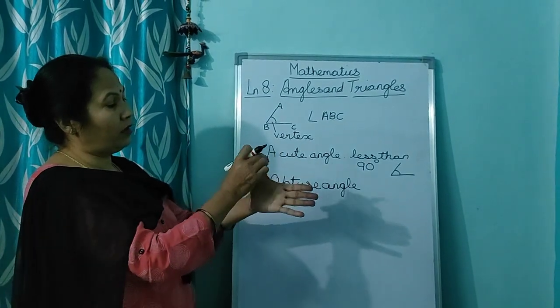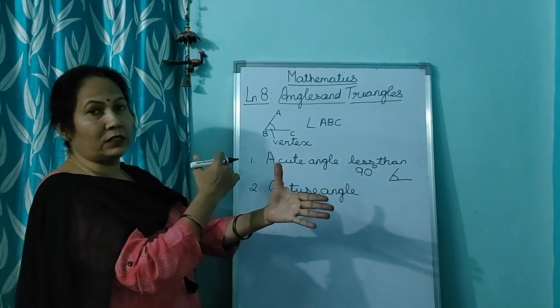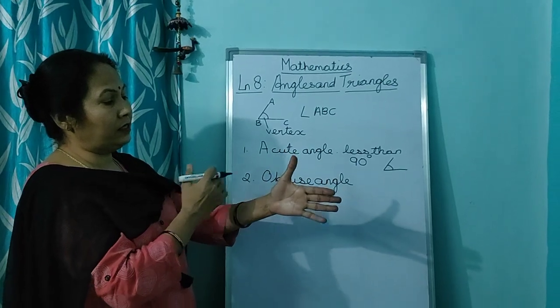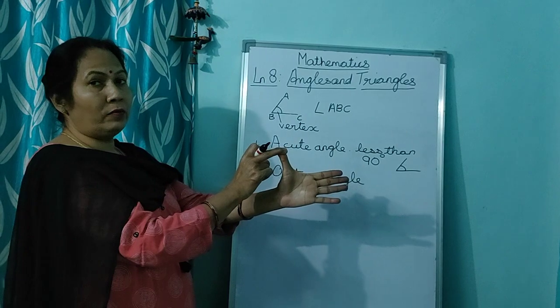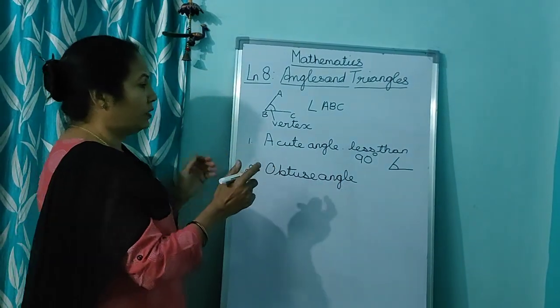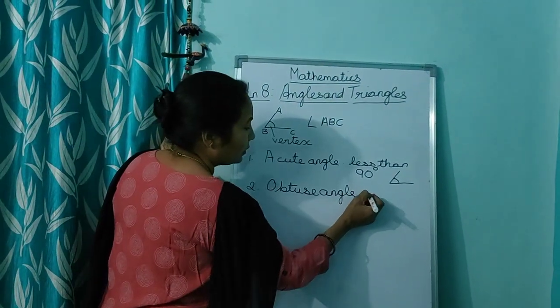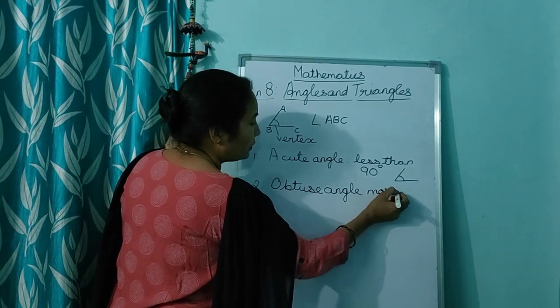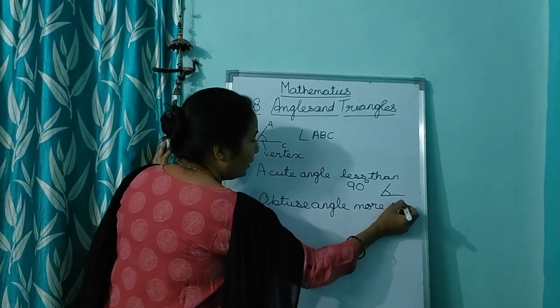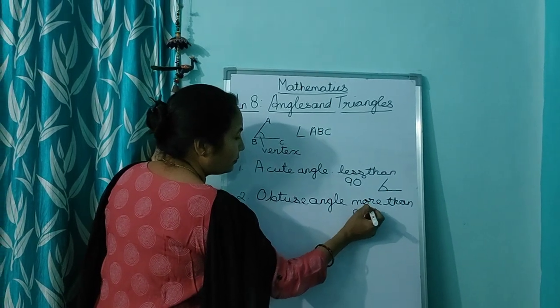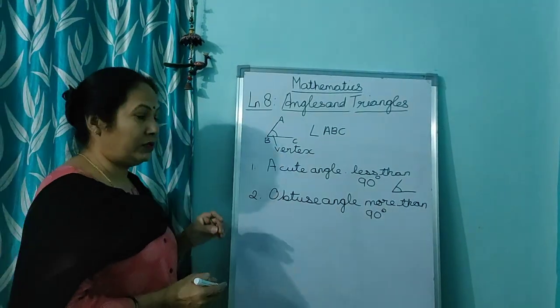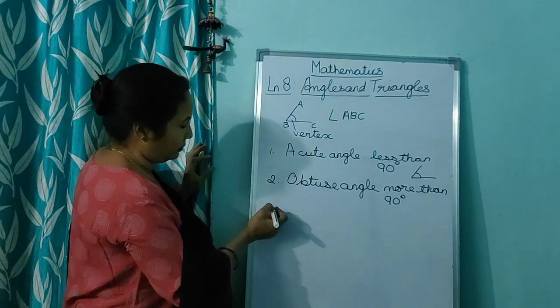See, here you have, and it will move on this side. This is a 90 degree, and when you put your thumb like this, it is formed in an obtuse shape. So this is more than 90 degree.